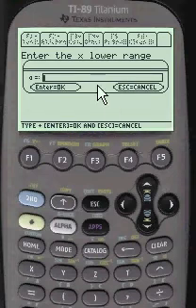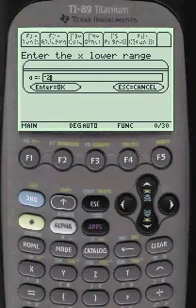And we're going to add the lower range, which is minus 2, and then the upper range, which is 2. So alpha minus 2. There's a difference between this minus and this minus. This one's a minus that actually goes with the variable, and this is the computation minus.